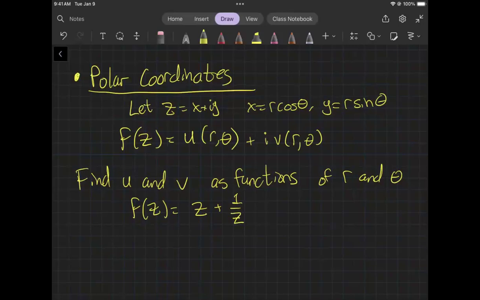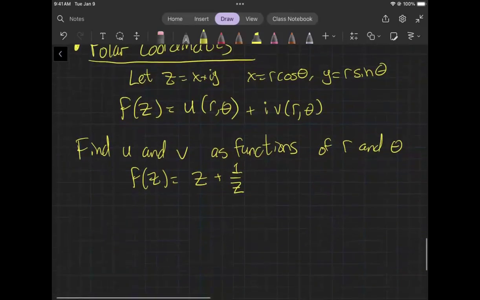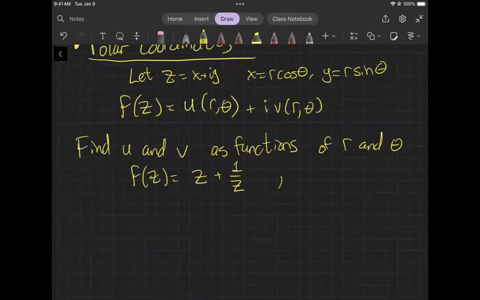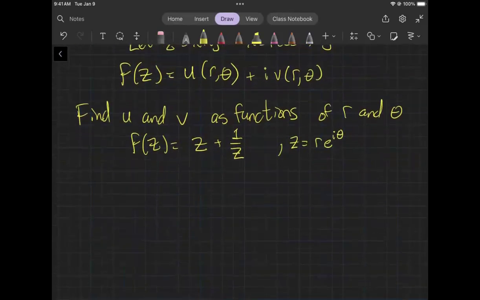Okay, so I assume you worked out this example. We're going to use the complex exponential for this. So z is equal to r times e to the i theta, right? So we can combine this function into one simple rational function in z.